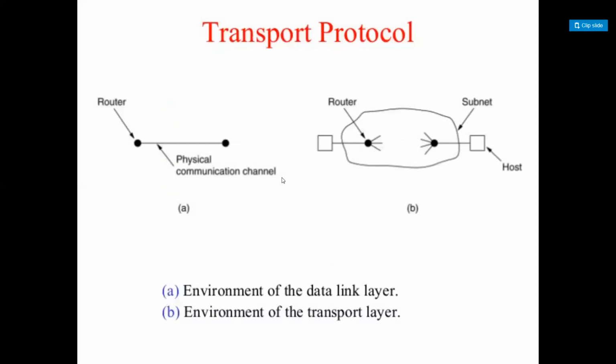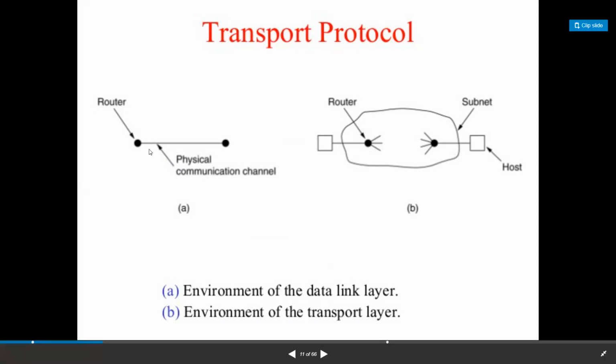First, coming to the transport protocol. The first diagram shows the environment of the data link layer, and the second one is the environment of the transport layer. For the first one, the data link layer, there is a physical communication channel between the routers.